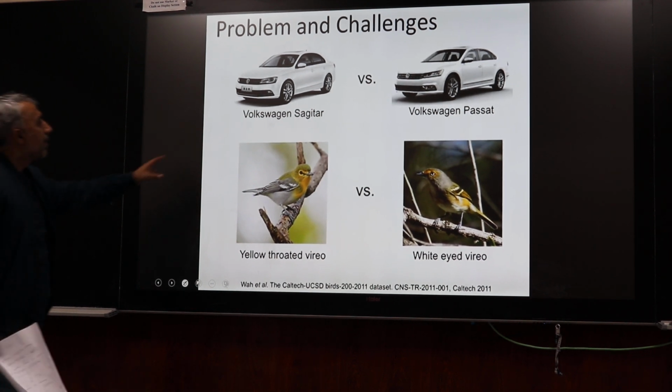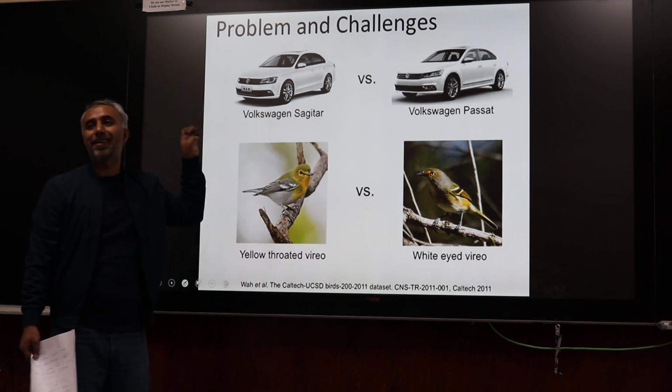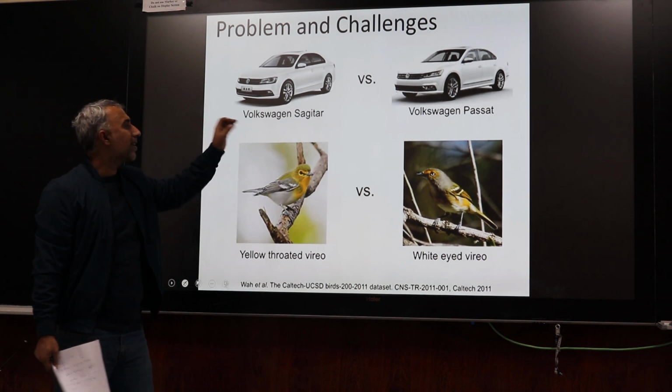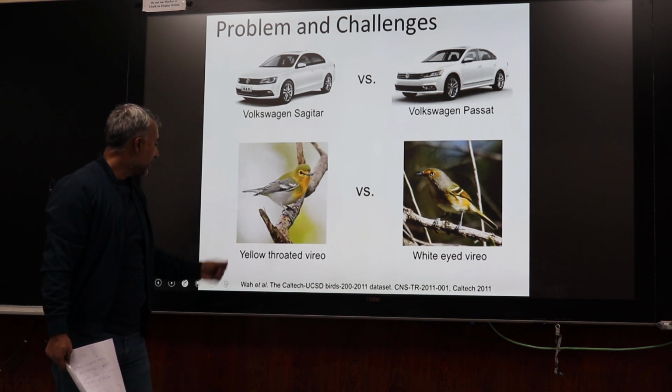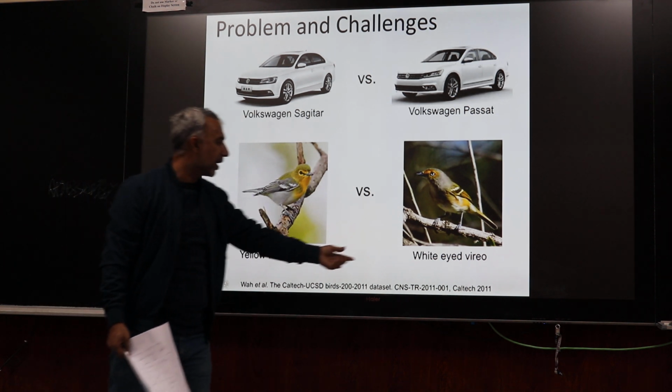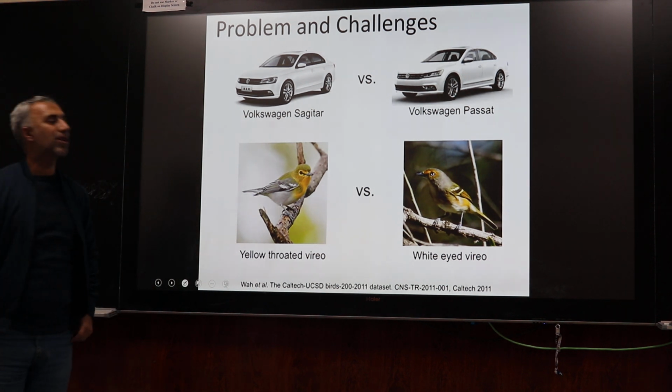But first of all, we need to eliminate the similarities. For example, these two cars belong to the same company, Volkswagen. This is present in our Caltech 2011 research article.